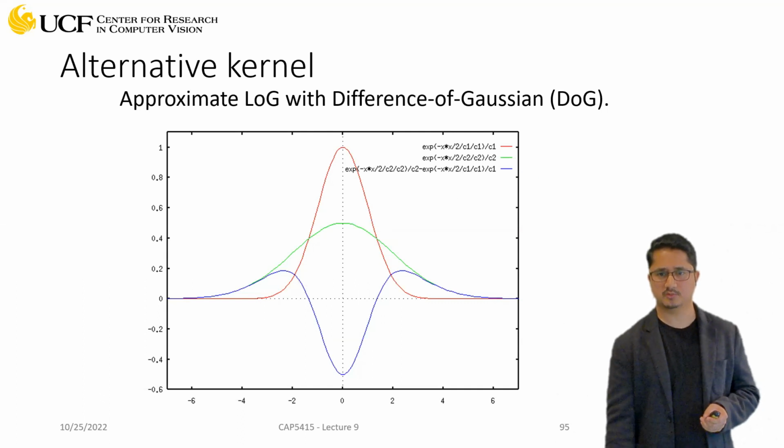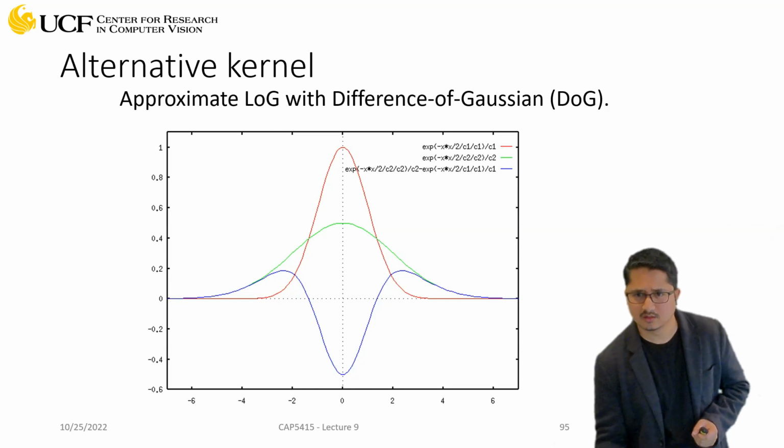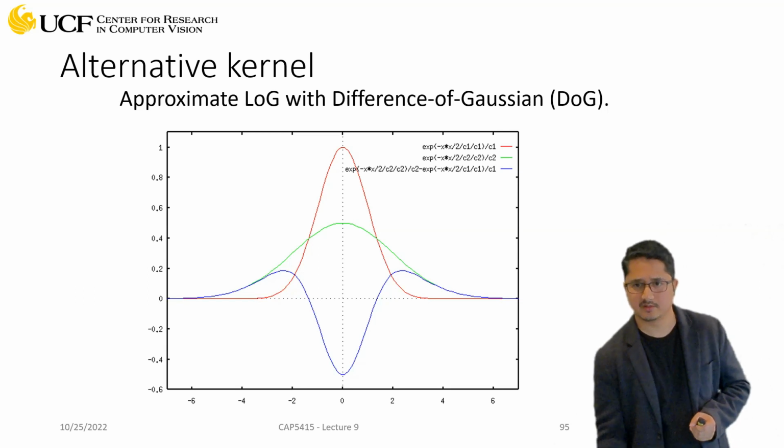I hope that answered your question. Another question: if you have a Gaussian function with sigma s, what is an appropriate standard deviation for the other Gaussian we use for computing the difference of Gaussian? That's a very good question.